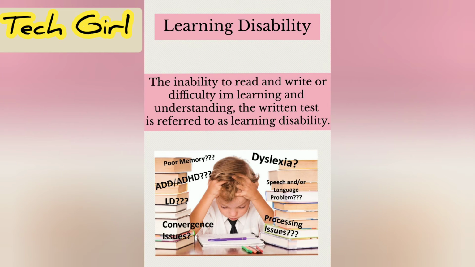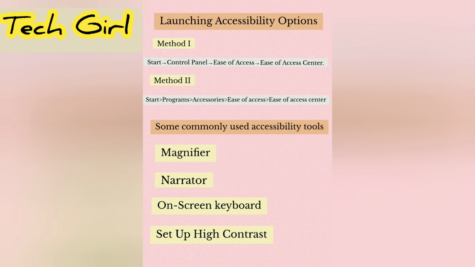The next impairment is a learning disability, also known as cognitive impairment. It includes the inability to read and comprehend, or difficulty in learning and understanding. As we have seen, some children start to speak very late, and some children are in, suppose, class 6 and are not able to understand the syllabus of class 6. This kind of disability is known as learning disability.